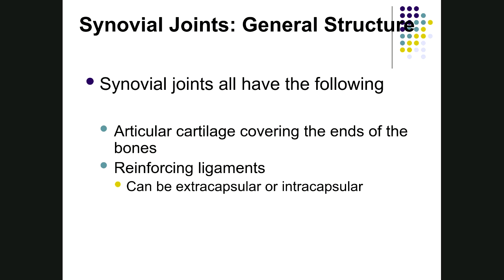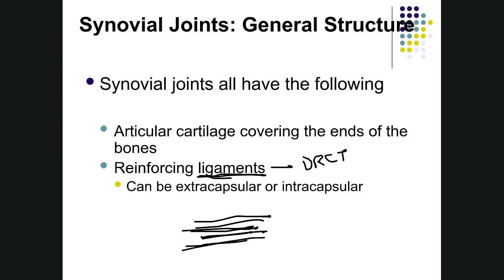Another thing all synovial joints have are ligaments. So ligaments are made out of dense, regular connective tissue. Remember, dense regular has collagen, and all the collagen fibers are parallel to each other. So a good way to think about a ligament is to think of it like a rope.